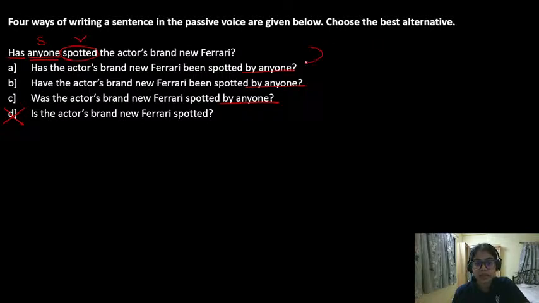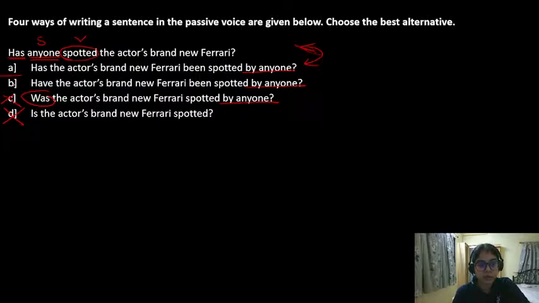Is exactly like the question. Has anyone spotted the brand new Ferrari? Has the actor's brand new Ferrari been spotted by anyone? It's not really exactly, there's a little bit of a tweak, so we can say that this does put the subject at last. So we can still consider other options. Was the actor's changes the tense? So this can be eliminated.